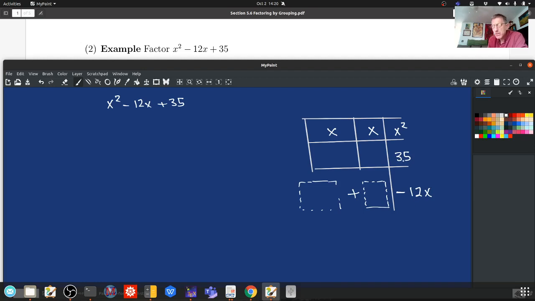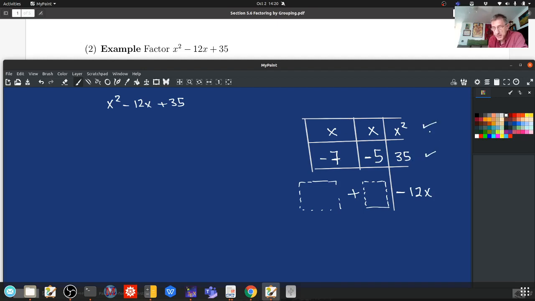So the only way I'm going to be able to get a negative when I add these two products together is to use a minus 7, for example, and a minus 5. So minus 7 times minus 5 is plus 35.